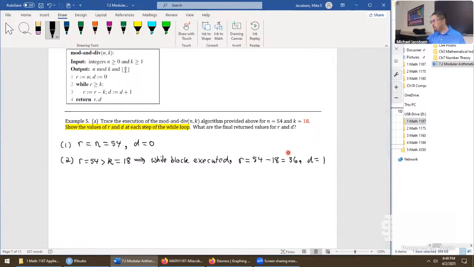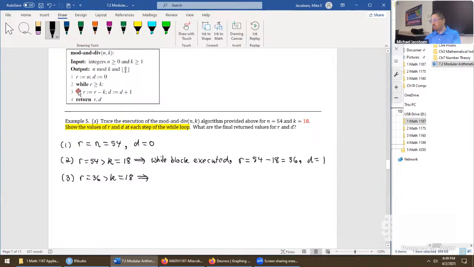When we do our next run, step 3, we have to decide if we're returning R and D. Before we get to that return, we're still stuck here, so we do another check. Is R still greater than or equal to k? R is now 36. 36 is greater than k, which is 18, which implies we are in fact in the while loop.